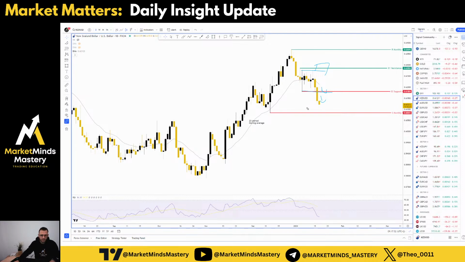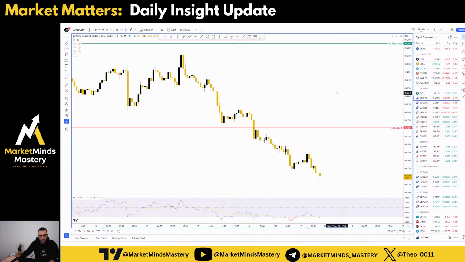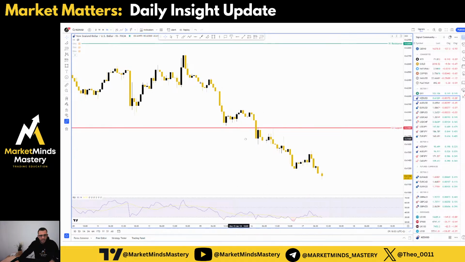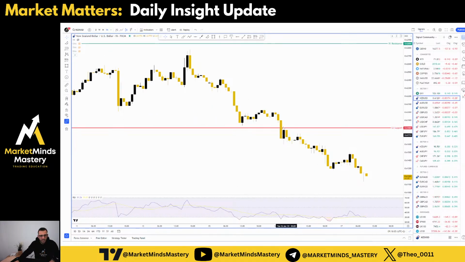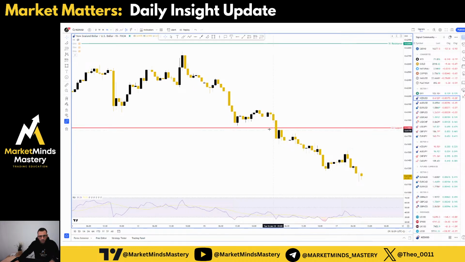Now, how do we trade this? Well, it depends on which time frame you are looking to trade. Some traders are trading on the hourly time frame. They might look for some price action, like a bearish engulfing at resistance, so they will sell.